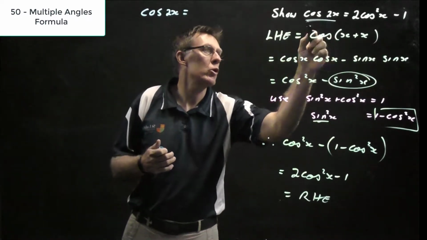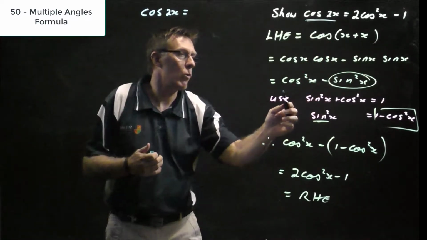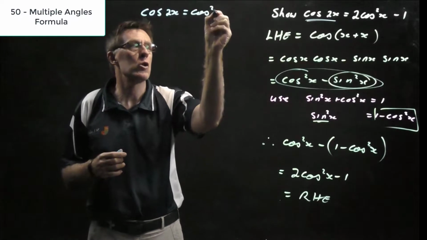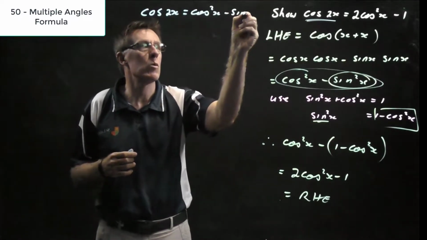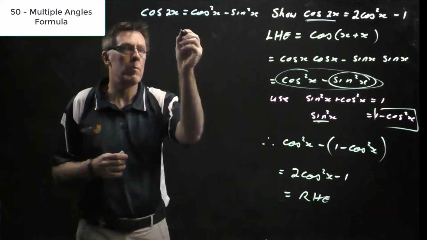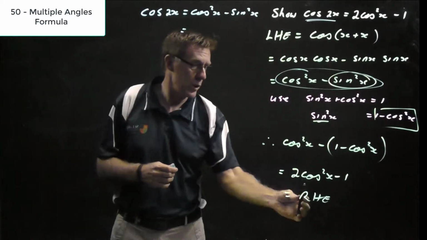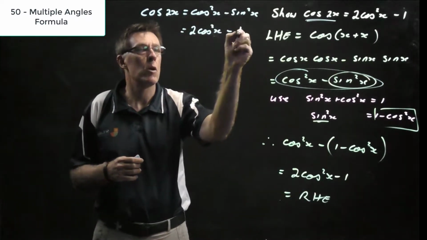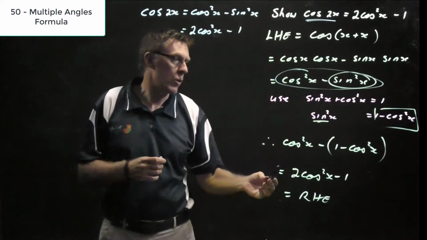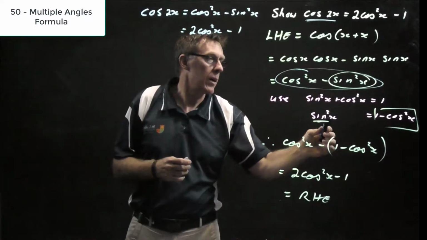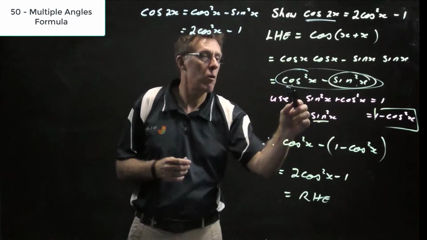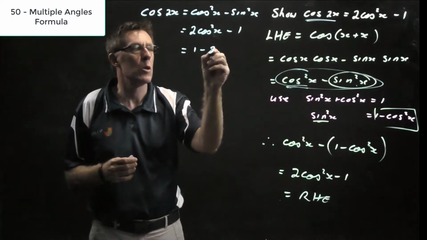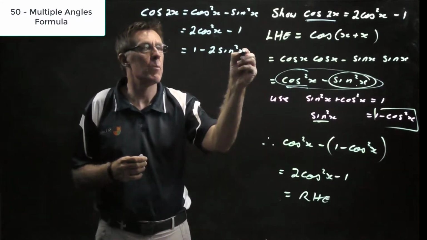We should be able to show that cos 2x, through our working, at one stage we got down to this. Cos 2x is the same as cos squared x minus sin squared x. Worth remembering. It's also equal to what we've just demonstrated, 2 cos squared x minus 1. And of course, instead of replacing sin squared, had I replaced cos squared, I would have ended up with 1 minus 2 sin squared x.